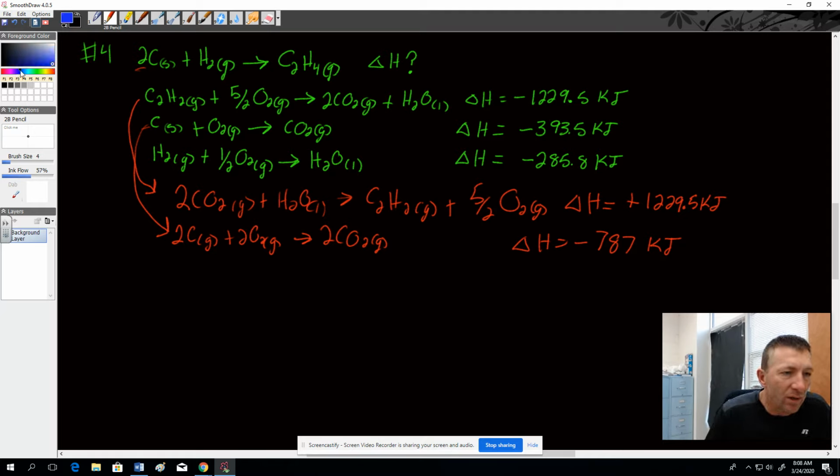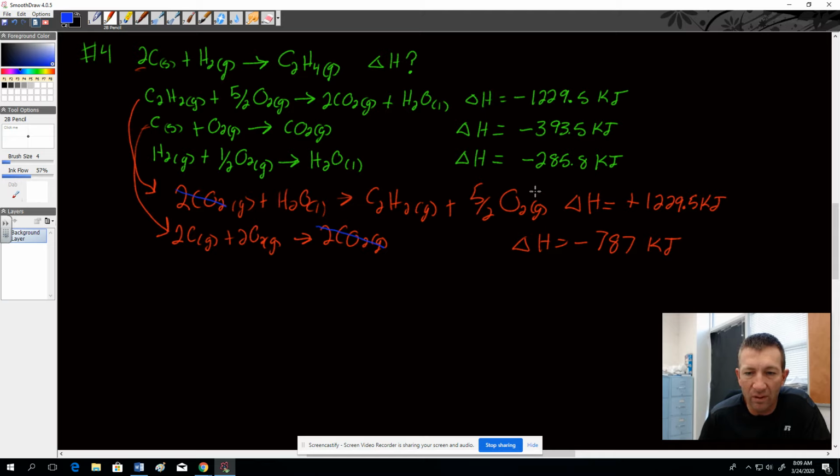Now what we're going to do next is look at everything that's on the left and the right. If they're the same on the left and the right, when we add them up, we're going to cancel them out. So if you look right here, we've got 2 CO2s on the right, 2 CO2s on the left. So we're just going to cancel those out. The other thing too is if we look right here, we've got 1/2 O2 and we've got 2 O2s, which, if we add 1/2 and 2, becomes 5/2.